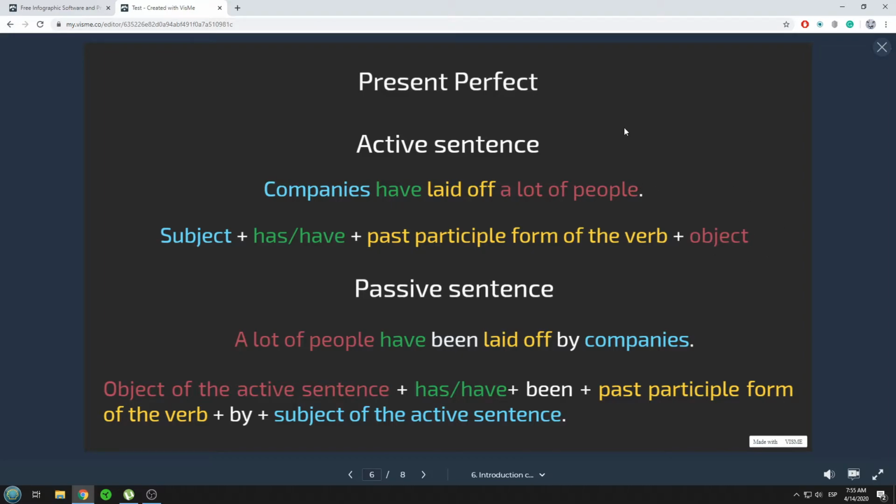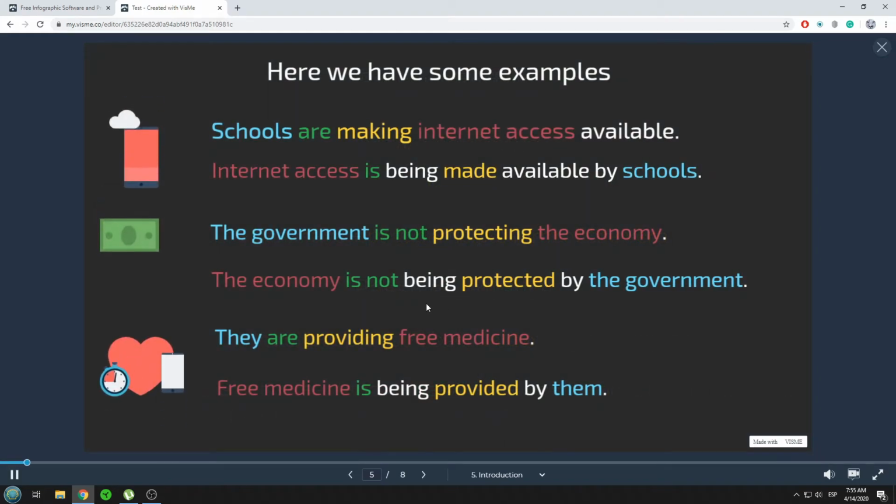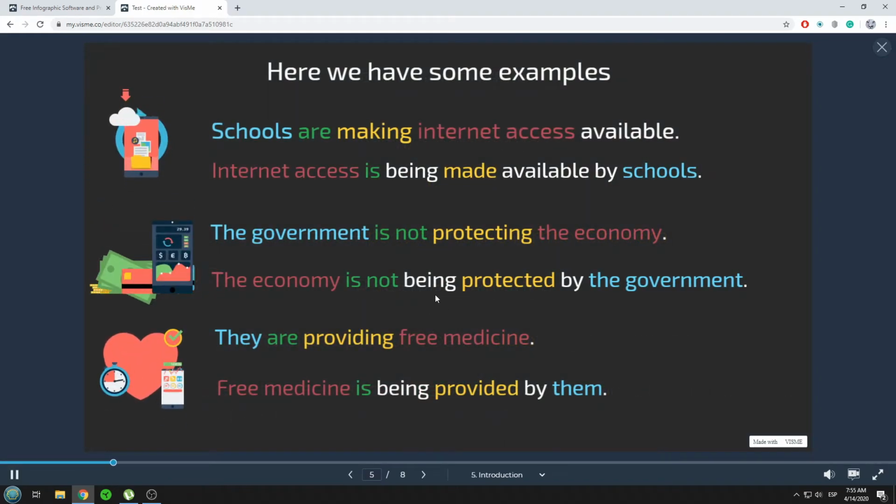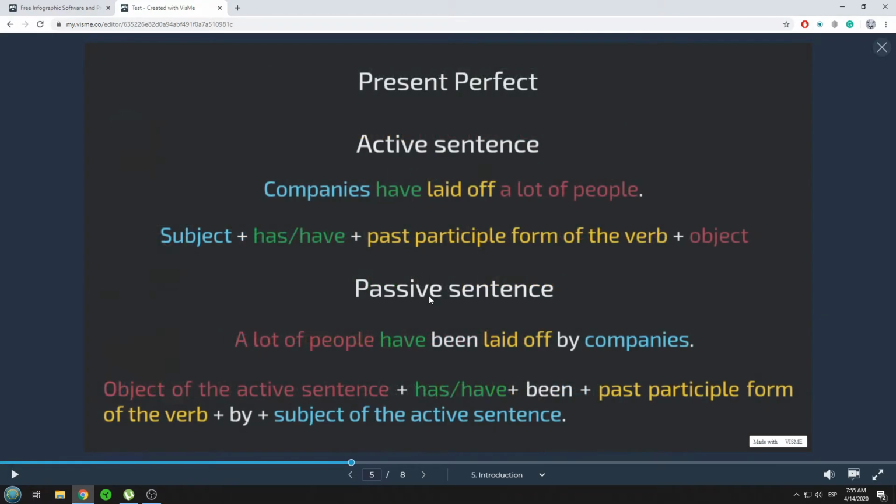As always, the object of the active sentence becomes the subject in the passive sentence. A lot of people have, the auxiliary. Then been, remember, been is not the same as being. There's something different, and being is only for present continuous. Be careful.